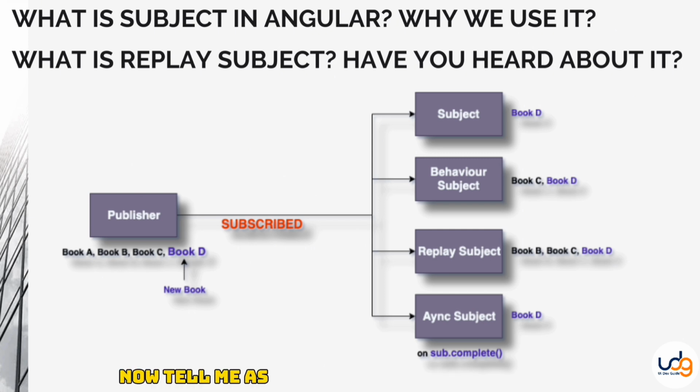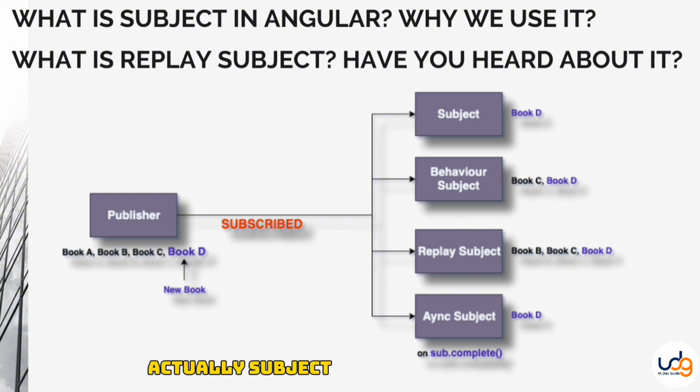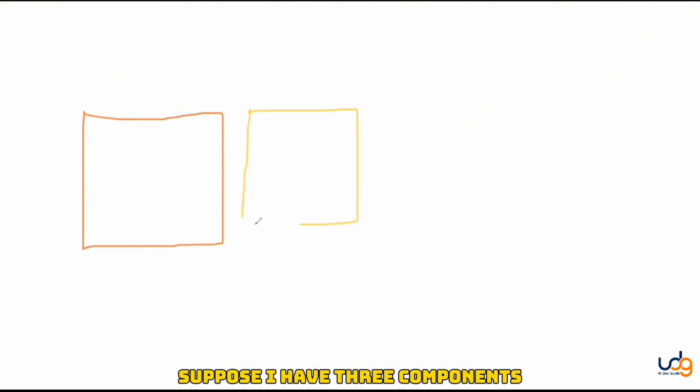Now tell me, as you said you are not using ReplaySubject, how are you doing component communication? Actually, we are using Subject, but not ReplaySubject. See, I have this one component. Can you see my screen now? Yes, I can. Suppose I have 3 components.